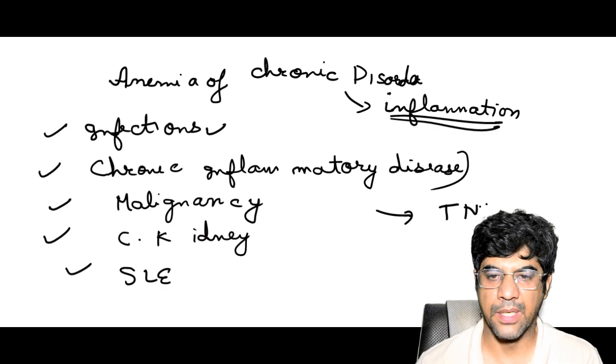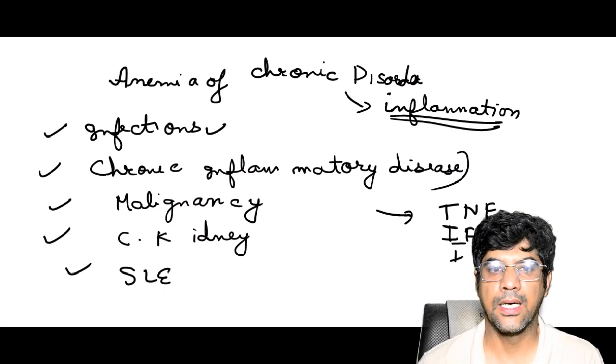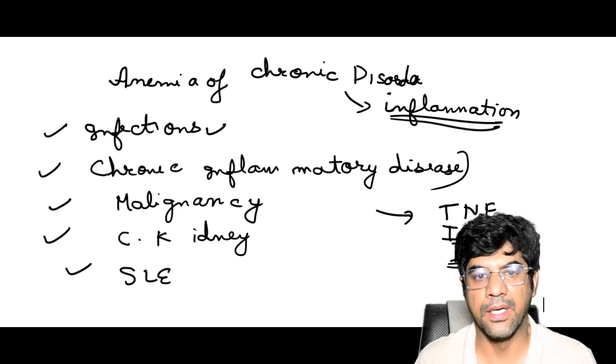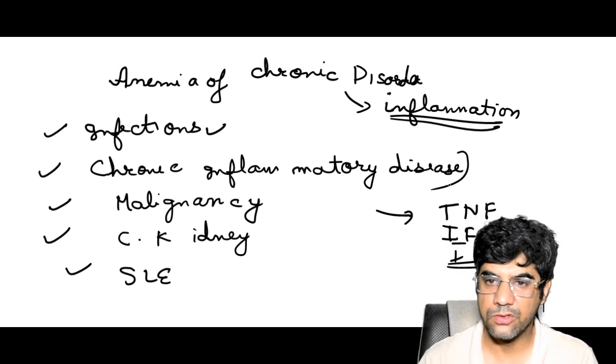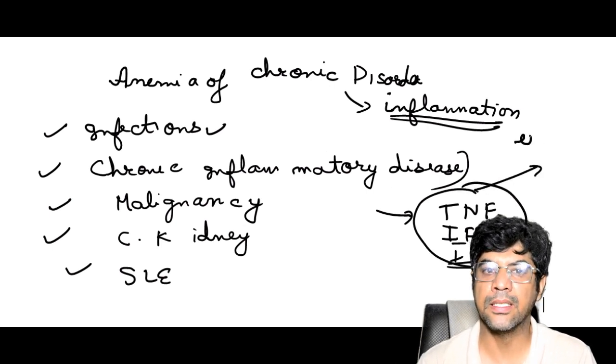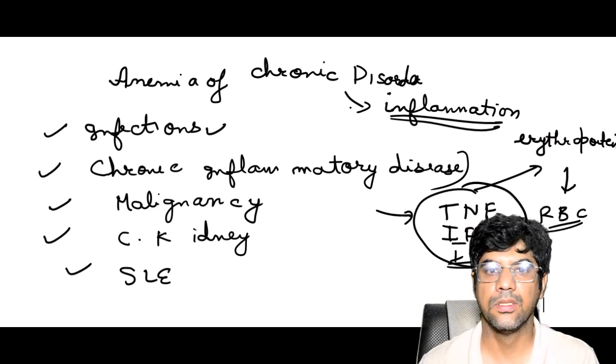There could be presence of cytokines like tumor necrosis factor, interferon beta, interleukin 1 that are released during this chronic inflammatory state. So these inflammatory cytokines, remember, would inhibit the erythropoietin, and that would impair the RBC production.